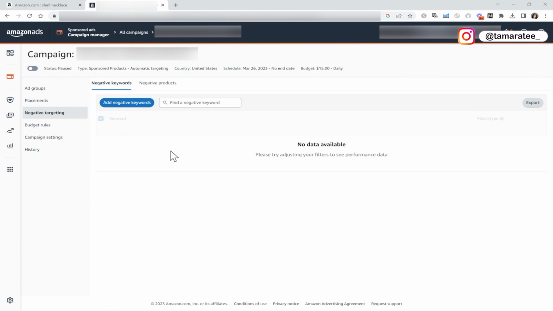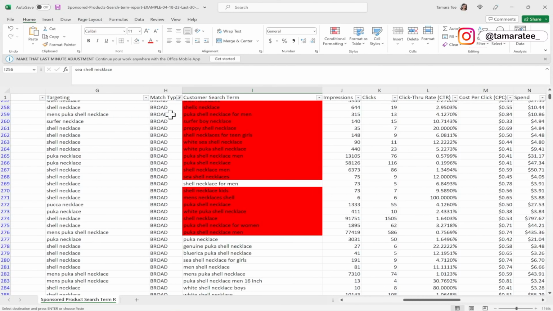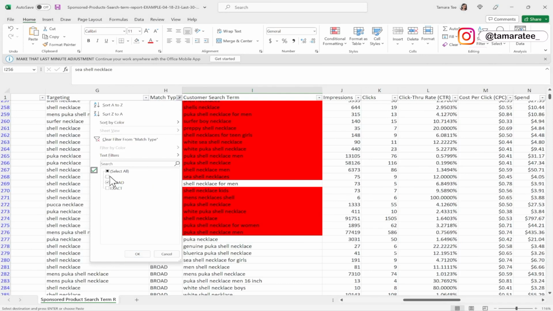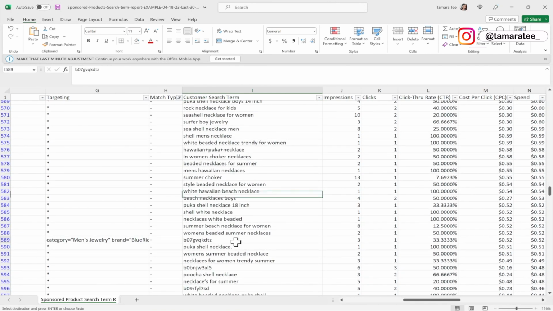Before I let you go, I also want to show you where to put ASINs into the negative. So for ASINs, if we go back here and we go to match type, go to our automatic PPC campaign, and then I think there was an ASIN right here. So copy your ASIN. Let's pretend we want to put this ASIN into the negative.